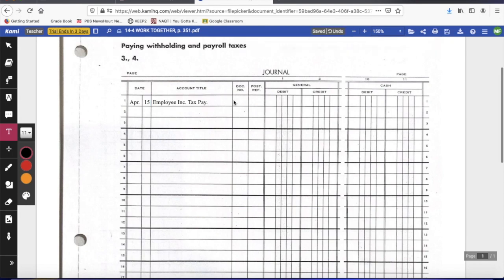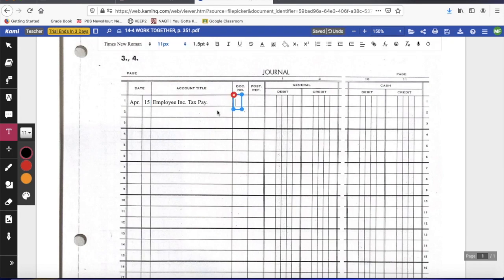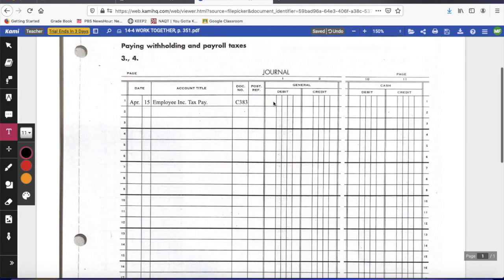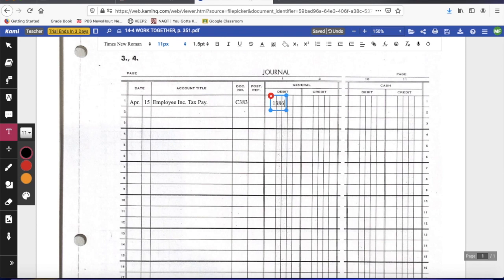And we know our check number, they tell us, is C383. And what we're going to do here is the federal income tax withheld. So it's debited $1,386.